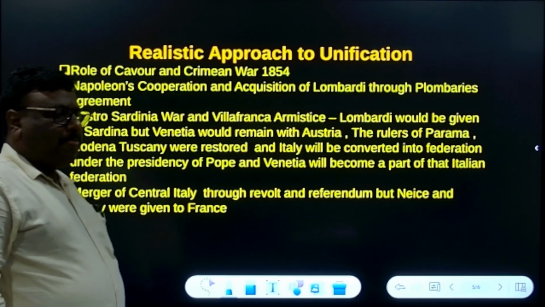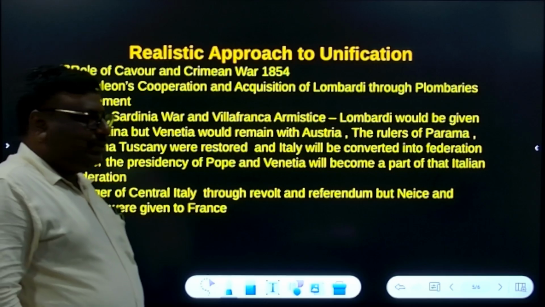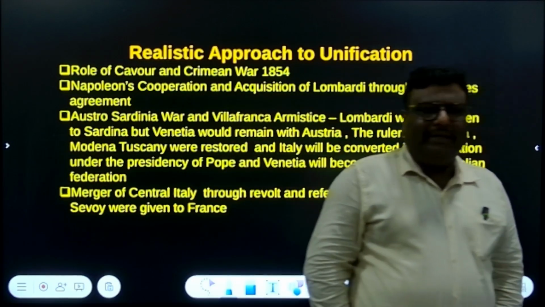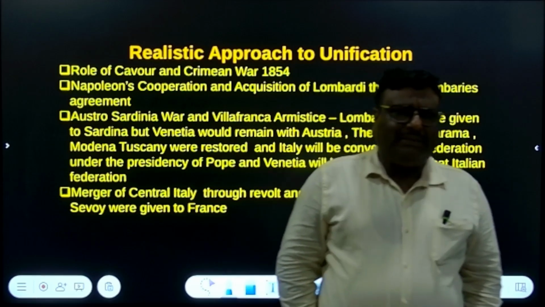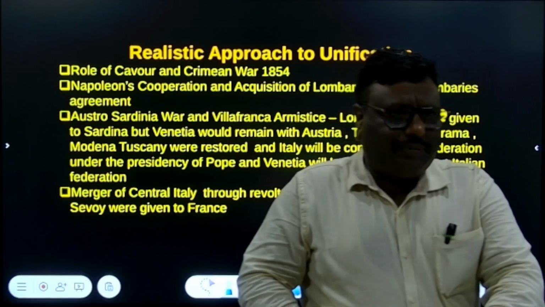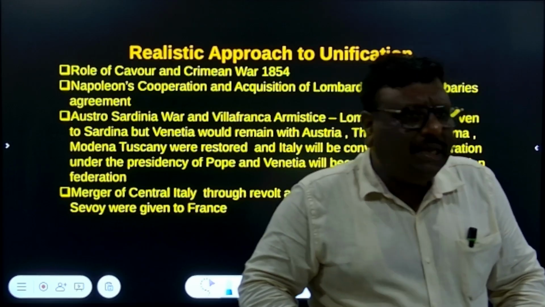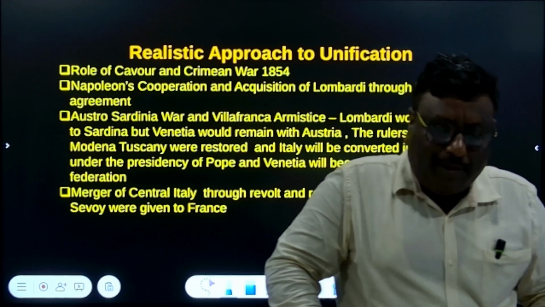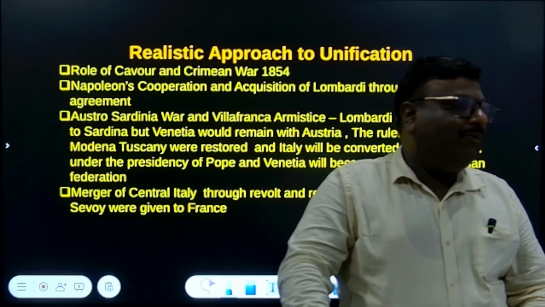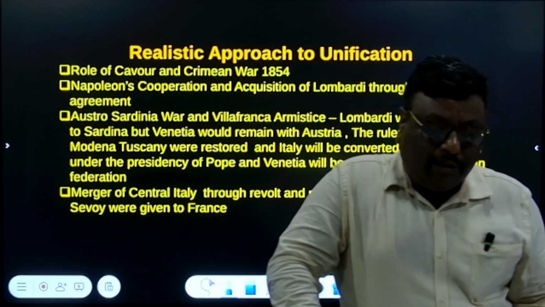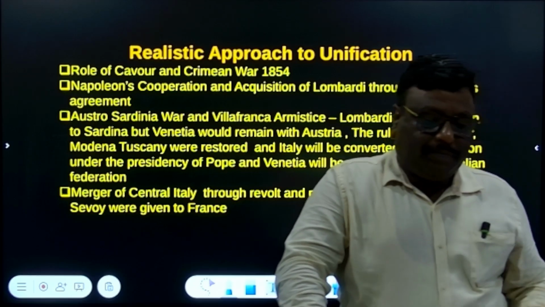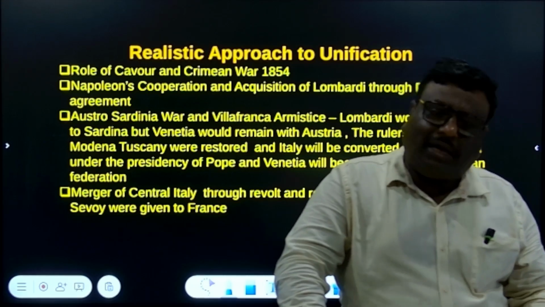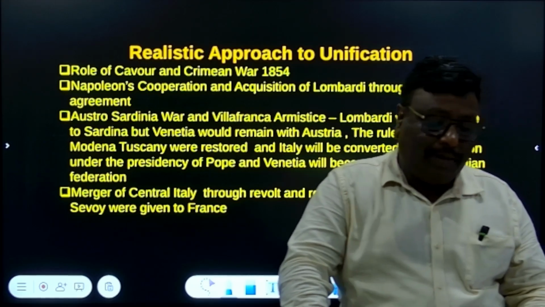Initially Charles Albert got success in the war against Austria, but once he saw that he was not getting any support from the foreign powers, Charles was left alone and had to surrender to Austria. In this way, the regions conquered by Charles were also subdued by Austria.